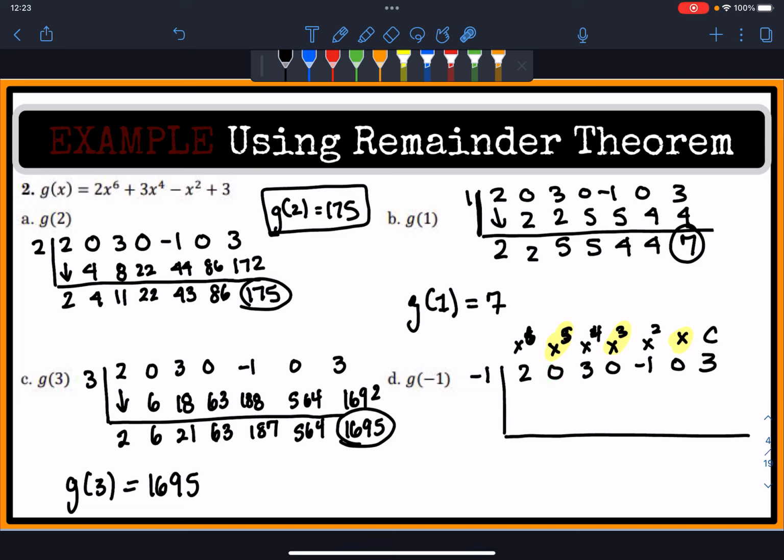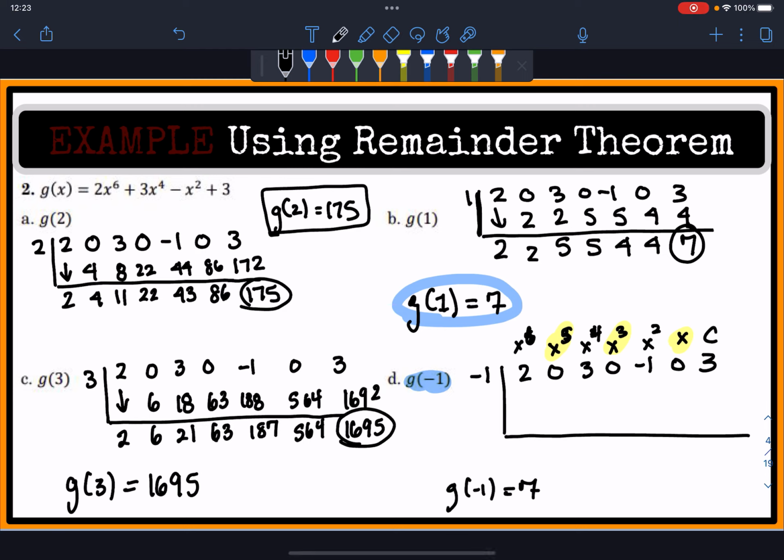And if you notice on this one, all the ones I do have are even powers. I have x to the 6th, x to the 4th, x to the 2nd, and x to the 0 power, my constant. So this is technically an even function. And if you remember, even functions, polynomial functions that are even, or any even function, is symmetrical through the y-axis. So if g of 1 is equal to 7, g of negative 1 is going to equal the exact same thing because of the symmetry.